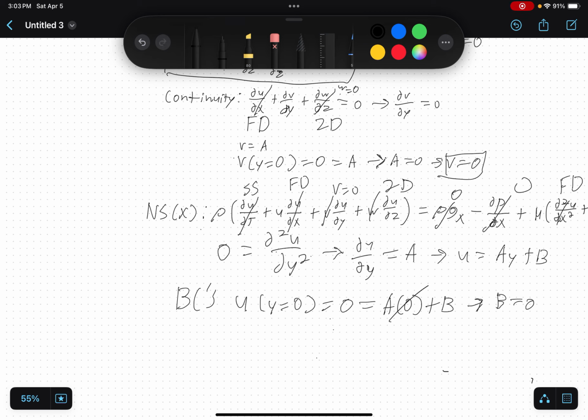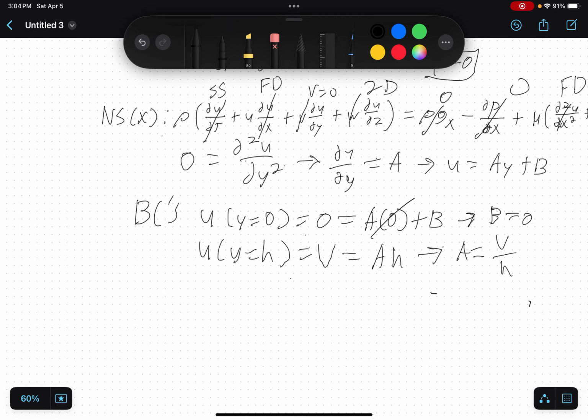And then the next one is u at y equals h equals big U. That equals a y, but we replace y with h because y equals h. So this means that a equals U over h.